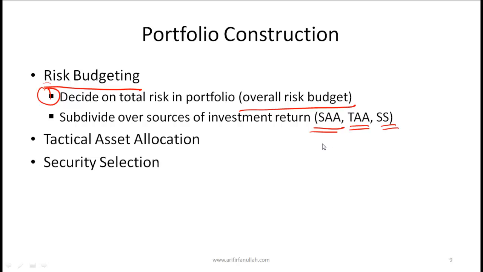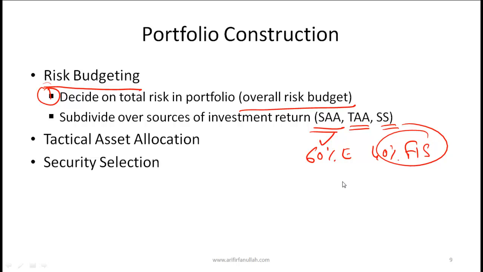We've already talked about strategic asset allocation. What we mean by tactical asset allocation is as follows. Let's say we've made a strategic allocation of 60% in equity and 40% in fixed income securities. And let's say that we are expecting interest rates to fall substantially in the near future, and hence we expect fixed income securities to do very well.